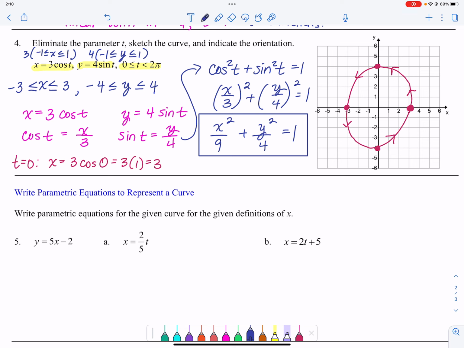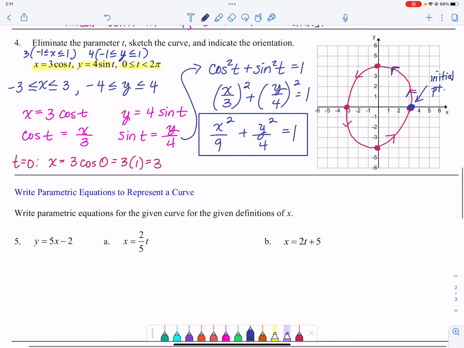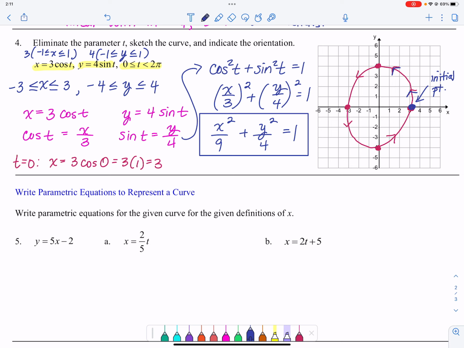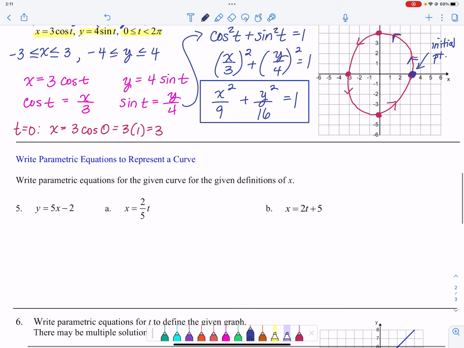But here is where we will start, right here. You could also say that this was my initial point, and then travel in that direction. I think I made an error here. I think that should be a 16. There we go. Okay, now let's go the other way.